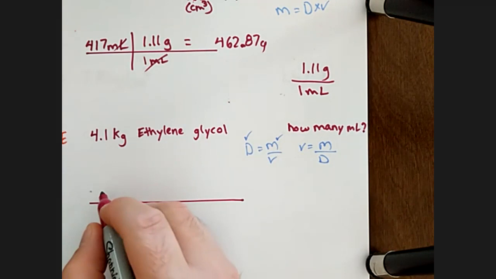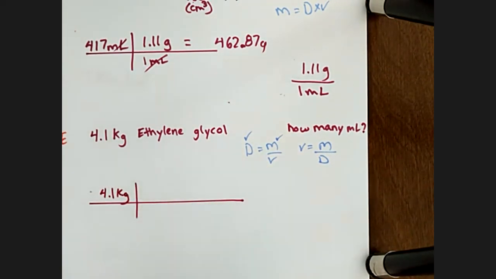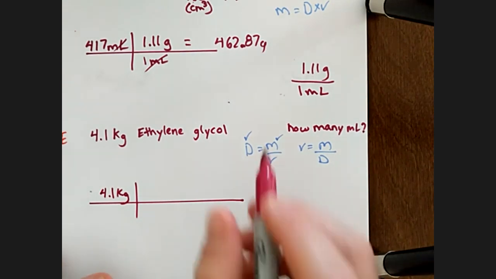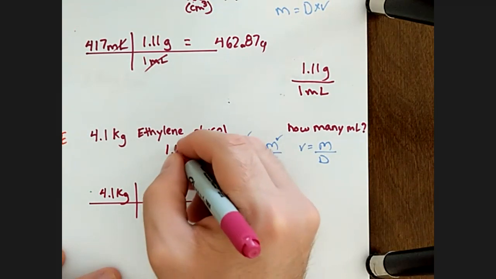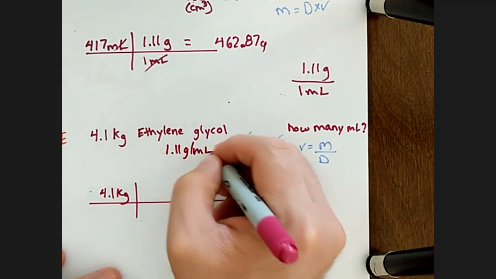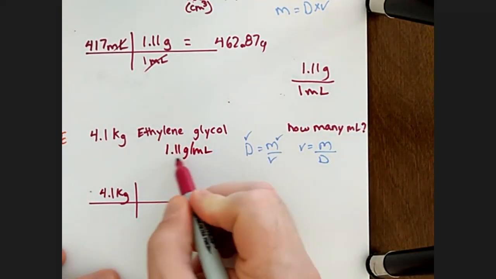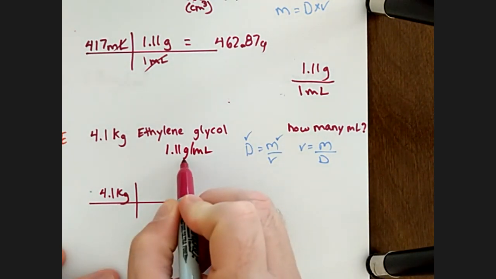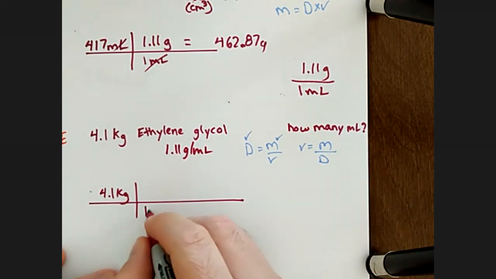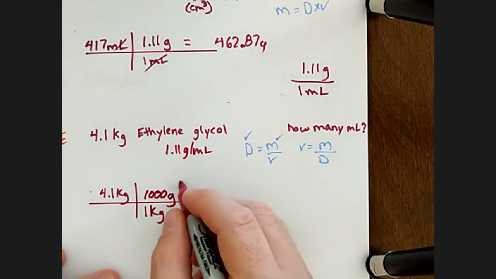So we're starting from the simplest term, 4.1 kilograms. Now we can't jump right into the ethylene glycol. The same density still applies. It's still 1.11 grams per milliliter. It's the same solution, just has 2 parts to it. We can't jump right into using our density because our units in kilograms don't cancel with a gram. So in 1 kilogram, there is 1,000 grams.